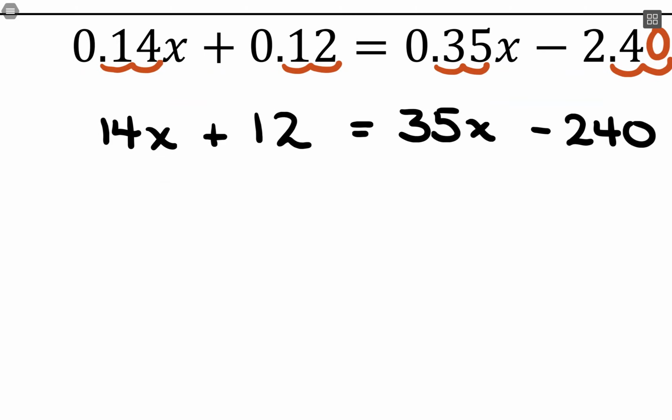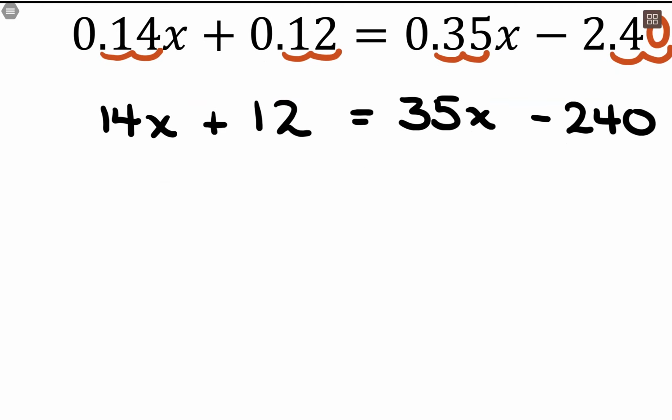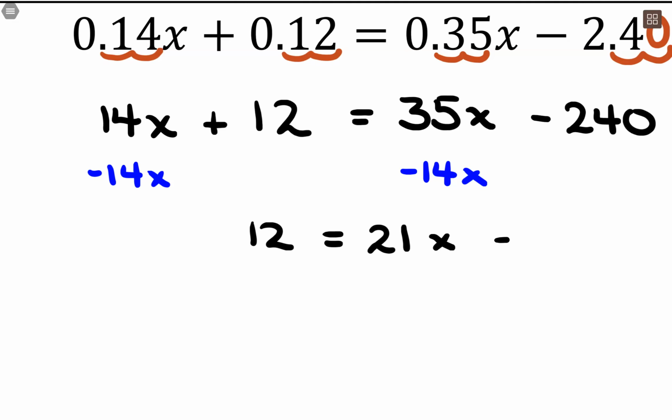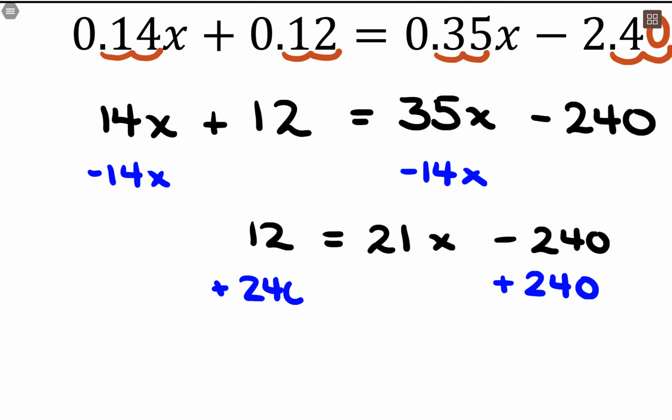And now we can solve and not worry about decimals. So I'm going to subtract 14x from both sides. So that'll leave us with 12 equals 21x minus 240. I'm going to add that 240 to both sides of the equation to get it away from x.